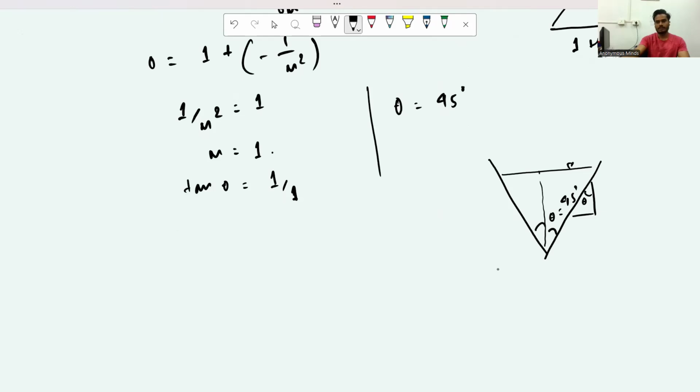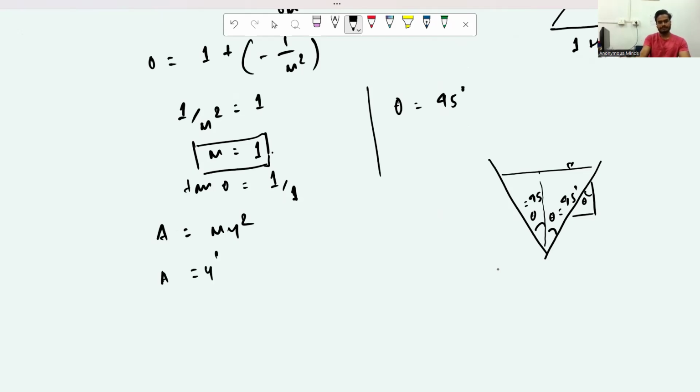If this is theta, then this is also a theta, which should be equal to 45 degrees. So our apex angle should be a right angled triangle. So m is equal to 1 is the most favorable condition here.